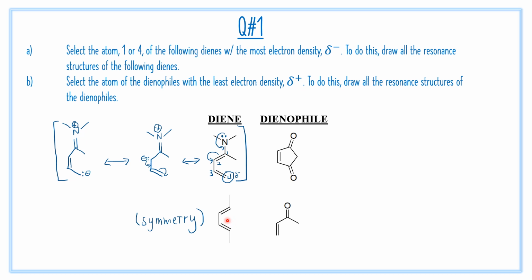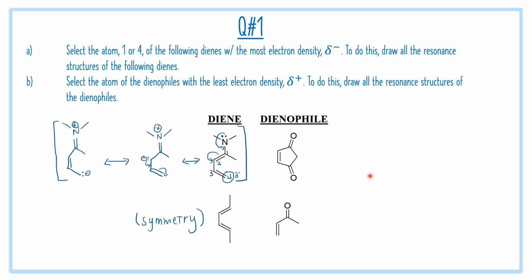Also, I forgot to mention, on the previous diene, notice that we are only focusing on either carbon number 1 or carbon number 4. Even though carbon number 2 also bears a negative charge on one of the resonance structures, it's not necessarily important in the Diels-Alder reaction. Carbon number 2 or carbon number 3 is not going to be a key factor in our Diels-Alder reaction. We're only focusing on carbon 1 and carbon number 4. So please remember that key point.